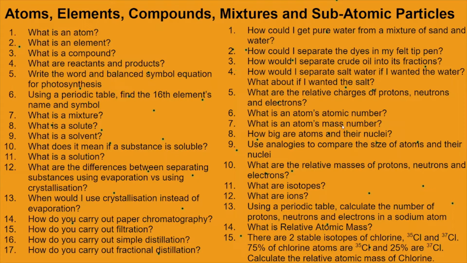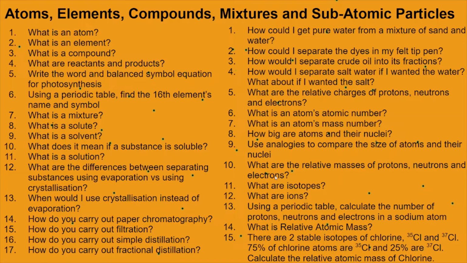The mass number is the number of protons plus the number of neutrons, because the neutrons are the only other subatomic particles in the atom with any mass. So that's the answer to question 10. The relative masses: we say protons and neutrons have a relative mass of 1, and electrons' relative mass is insignificant compared to protons and neutrons, so you say roughly 0.